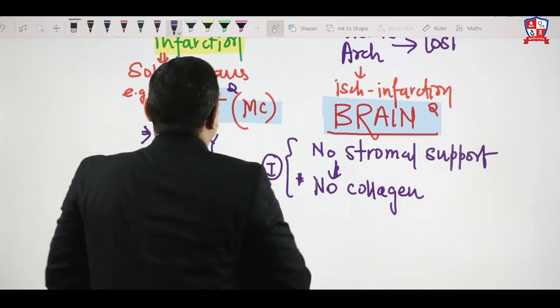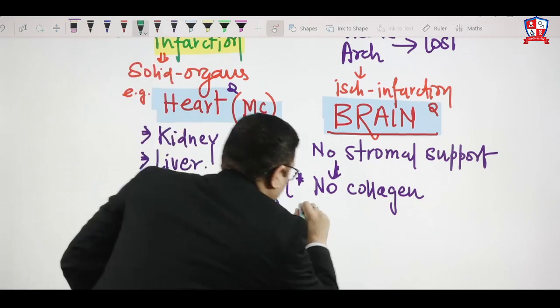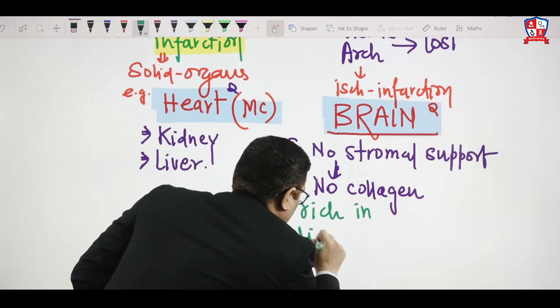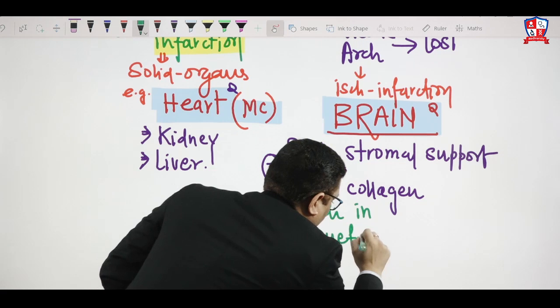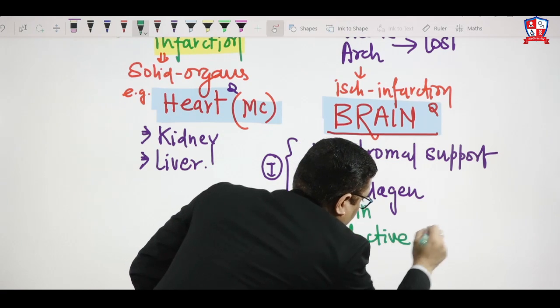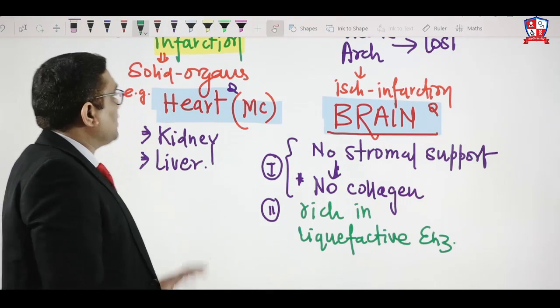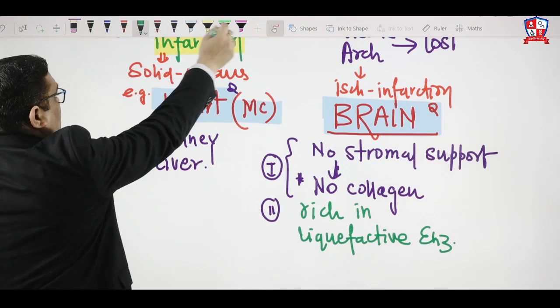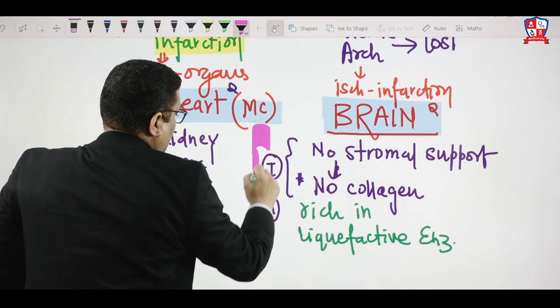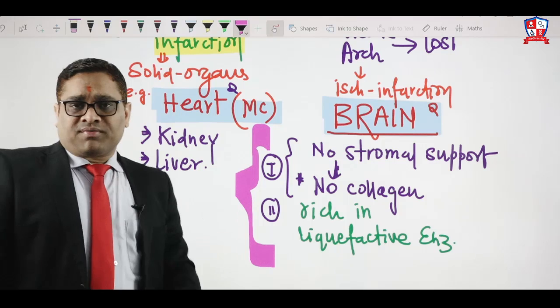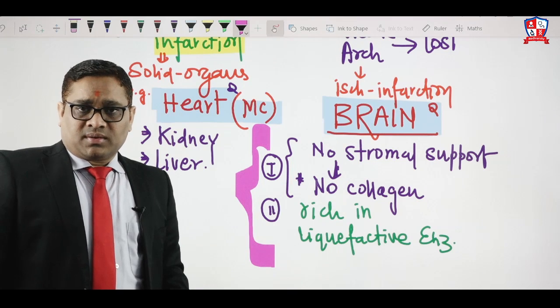And number two reason, brain is rich in liquefactive enzymes. Brain tissue is rich in liquefactive enzymes, right? So these are two basic reasons why brain should have a liquefactive necrosis, right?